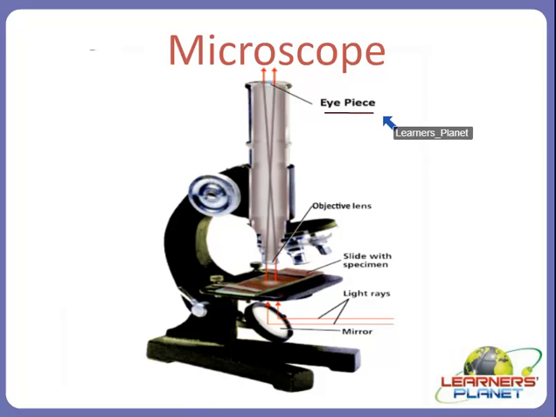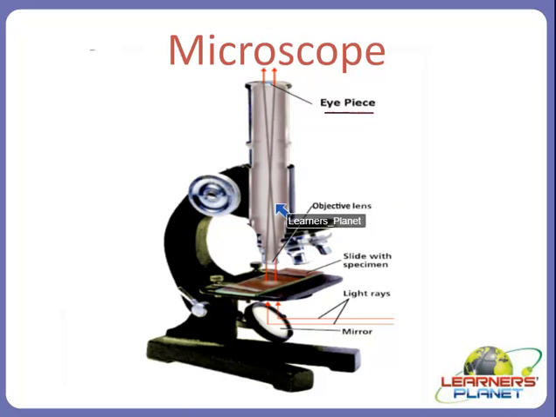It is a kind of lens from where we peep into the window and see the image of the object. The object is the microorganism placed under it, or any other object that we have to observe here. So the eyepiece is a glass or lens from where we observe the image of the microorganism.